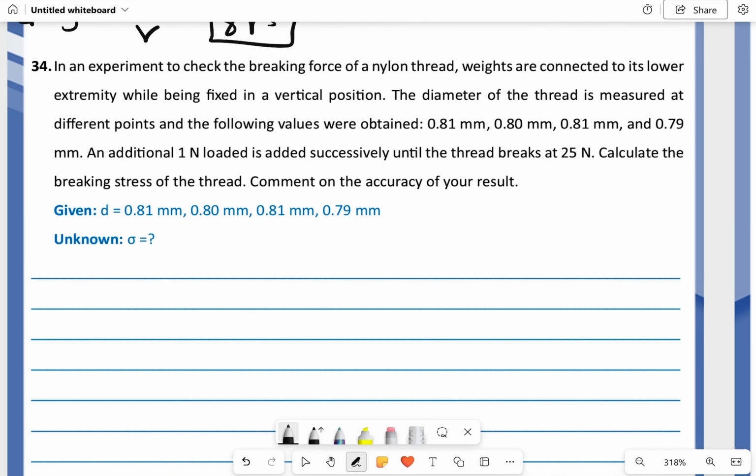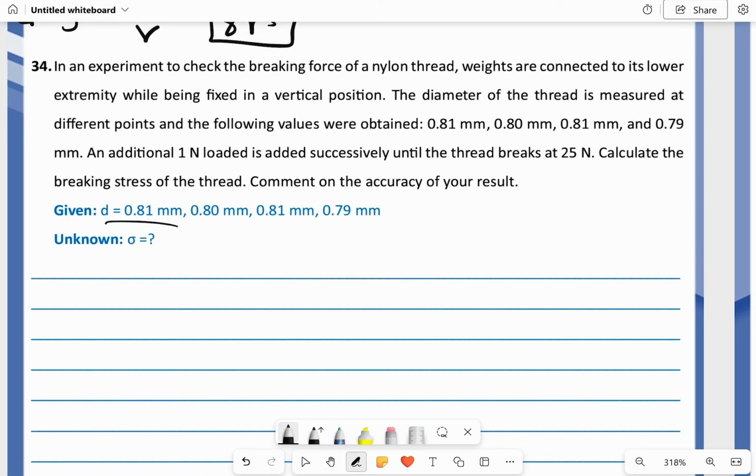The diameter of the thread is measured at different points and the following values are obtained: 0.81 millimeter, 0.80 millimeter, 0.81 millimeter, and 0.79 millimeter. An additional 1 Newton load is added successively until the thread breaks at 25 Newton. Calculate the breaking stress of the thread. Comment on the accuracy of the result.